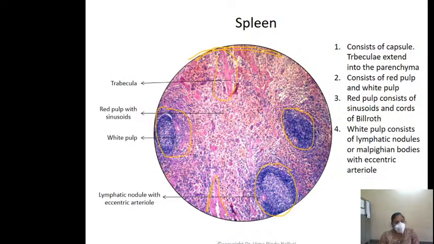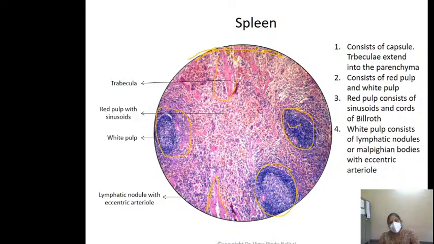Why do we call it red pulp and white pulp? When we cut a fresh specimen of the spleen and look macroscopically, you see some white spots, and the rest of the spleen looks reddish and bloody. When we fix the spleen and see it under the microscope, the white spots that appeared macroscopically are the lymphoid aggregations.